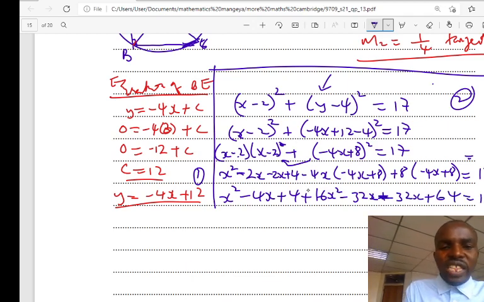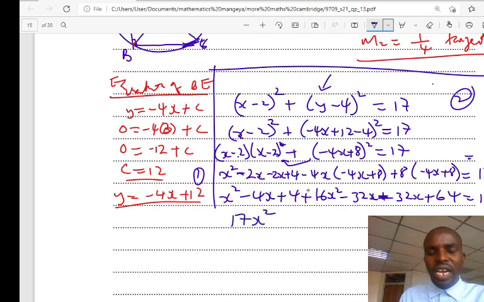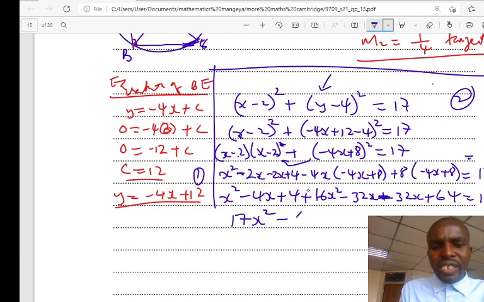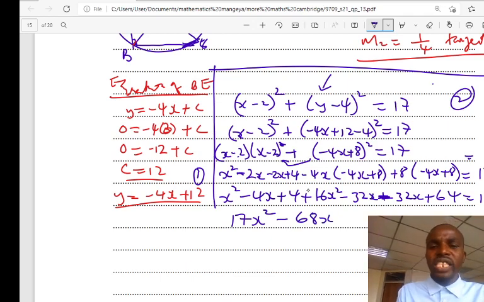Then simplifying further, you get x squared plus 16x squared is 17x squared. Then minus 4x minus 32x is minus 68x here, because minus 4 minus 64 is minus 68.